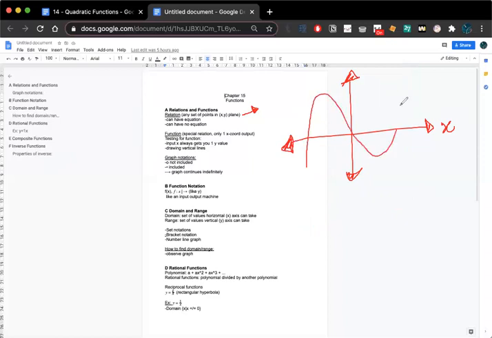For example, something like this is a function, or something like this is also a function. If you have whatever weird shape like this, maybe this is also a function. So anything can be a function as long as you only have one x input.